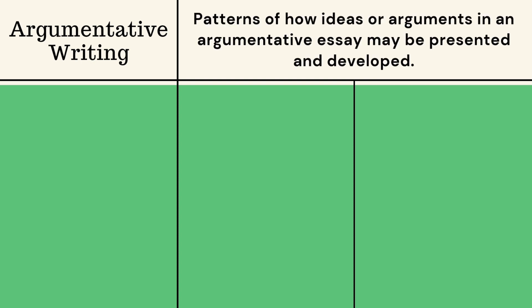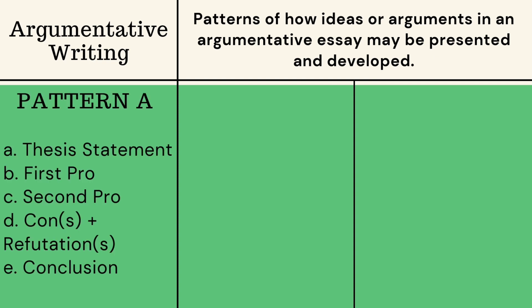Now, these are some patterns of how ideas or arguments in an argumentative essay may be presented and developed. We have 3 patterns. For pattern A, first you have the thesis statement, the first pro, the second pro, the cons plus refutations, and lastly your conclusion.